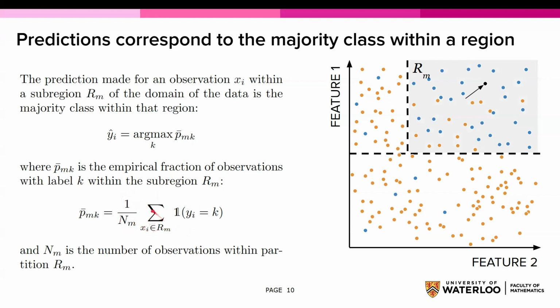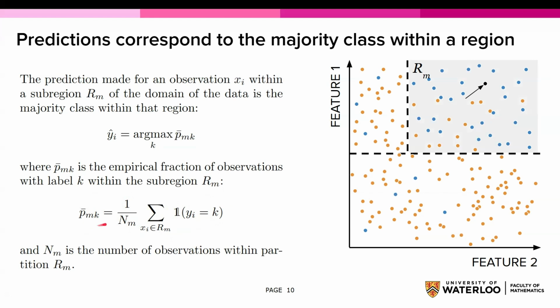So basically, we look at every feature vector x_i that lives within some region R_m. We then find the number of observations that have class k, where y_i is equal to k, and divide by the total number of samples in that region, and that's our empirical fraction p_mk for a class k.